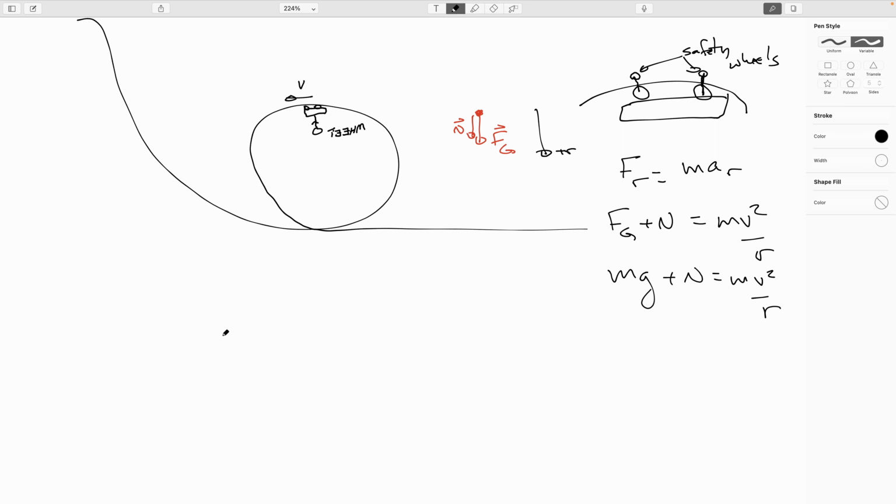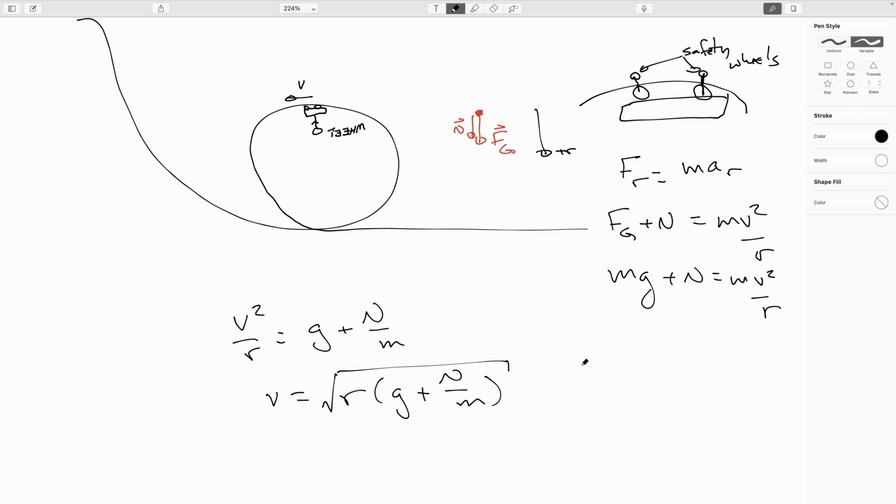We divide both sides of the equation through by m. We'll have v squared over r equals g plus the normal force over the mass of the car. And if we multiply through by r and take the square root, we will have that the speed of the roller coaster at the very tippy top will be the square root of r times the quantity g plus n over m, like so.